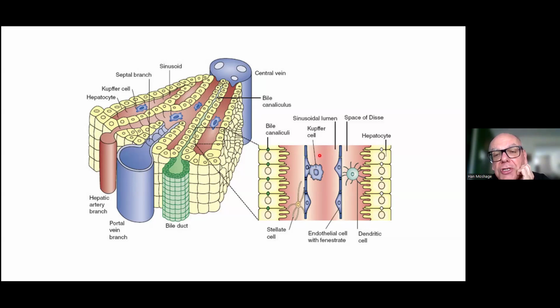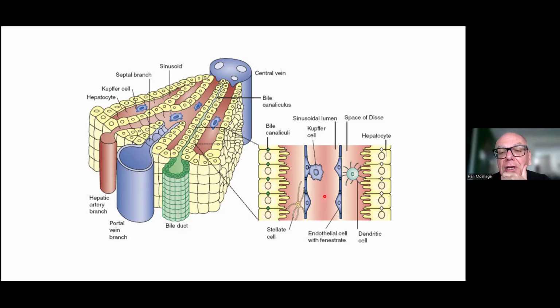What you can also see inside the sinusoidal lumen, so in this area, are so-called Kupffer cells. Kupffer cells are macrophages specific for the liver, and they are the first defense against invading pathogens and toxic components that we ingest via food or that is present in the blood circulation.